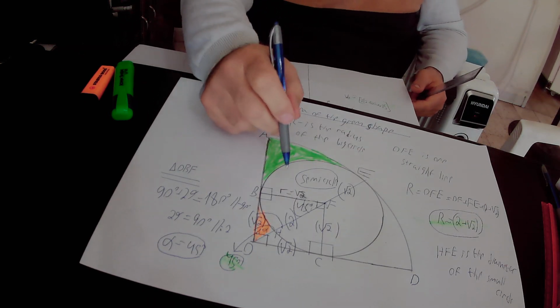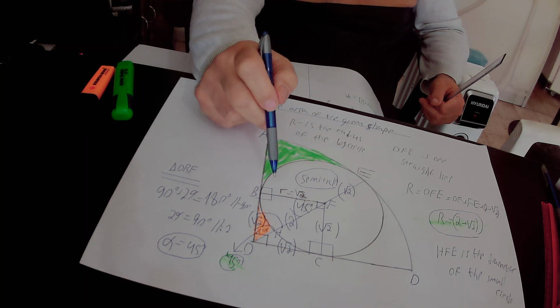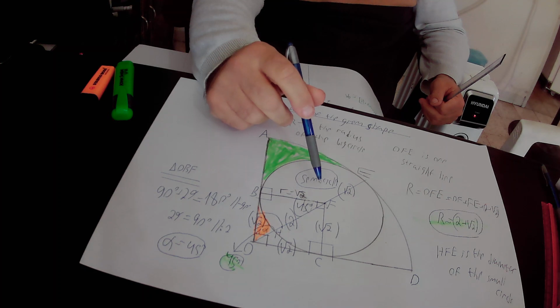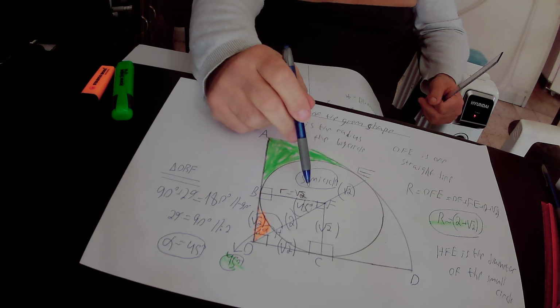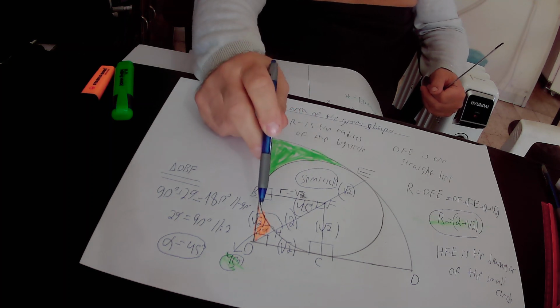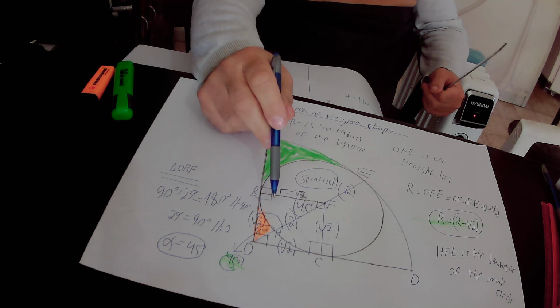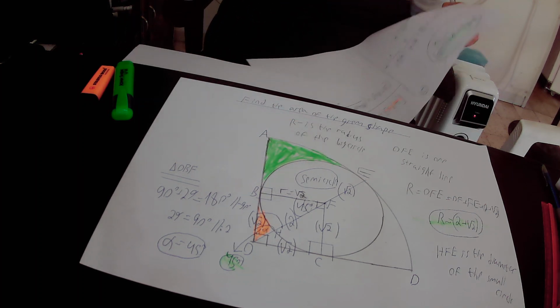In the isosceles triangle FBO, side FB is equal to side BO. So the height equals the base. They are both equal to the square root of 2 units.